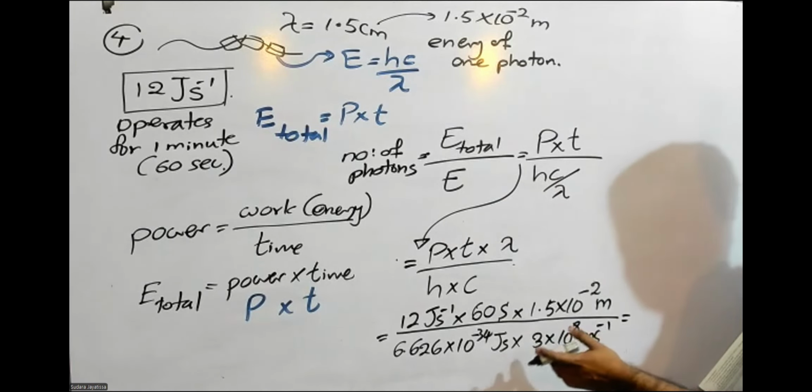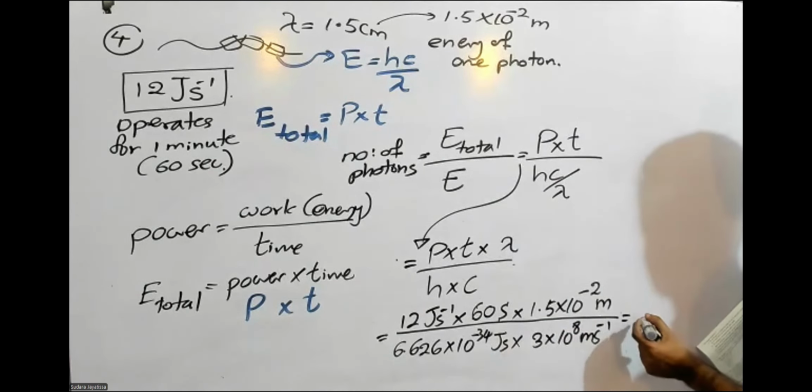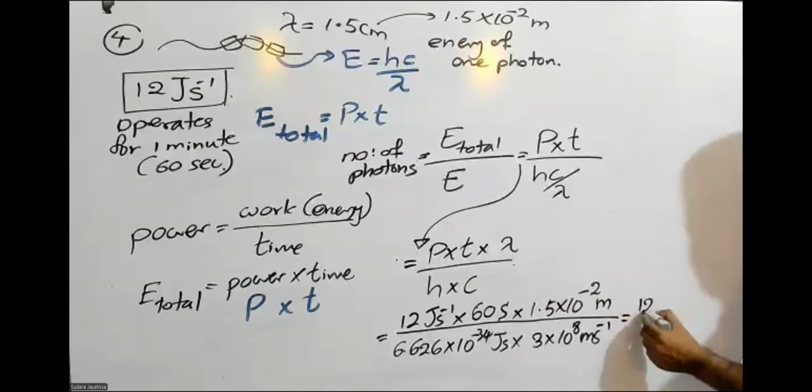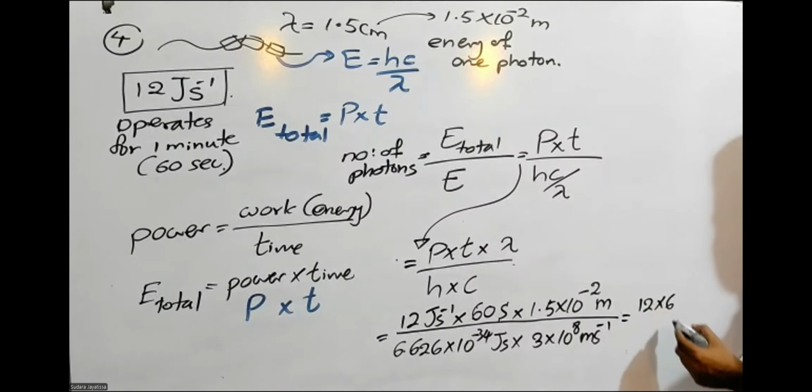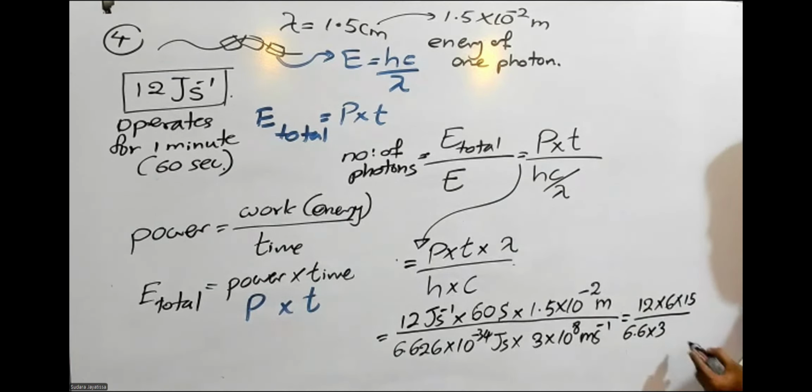So we're going to simplify the numbers separately and then the powers of 10 separately. So 12 into 6, into 15, divided by 6.6, into 3. Then you have the powers of 10. Here 10 to the power minus 26, and up here you will have 10 to the power minus 2.